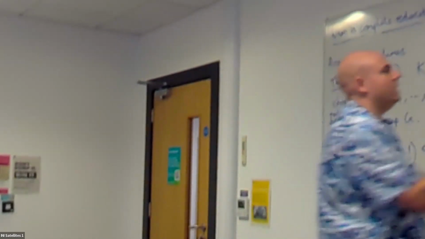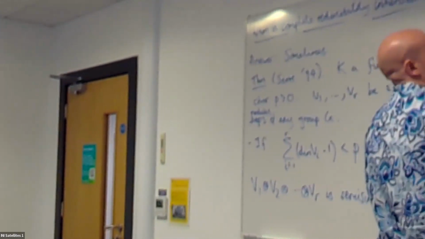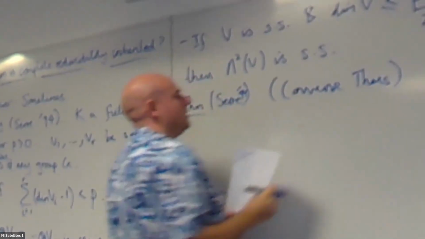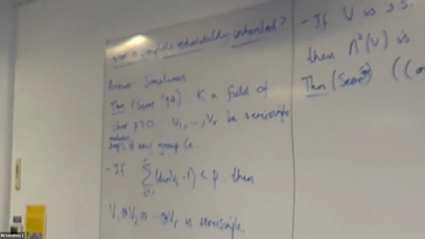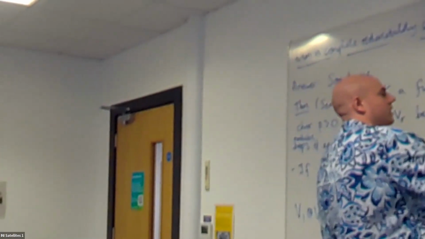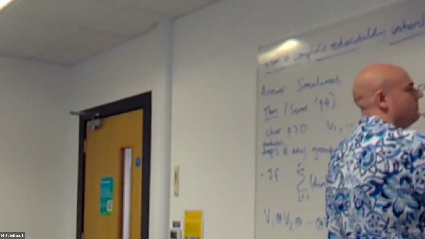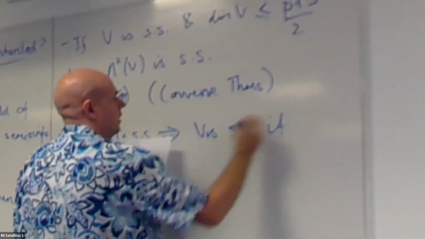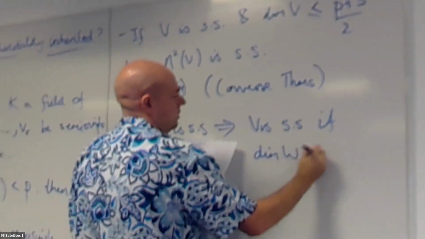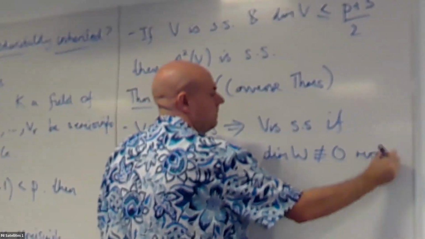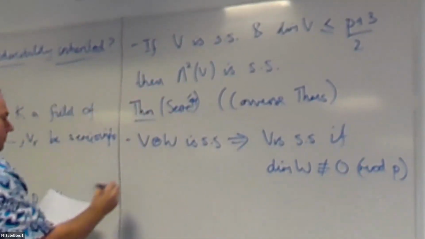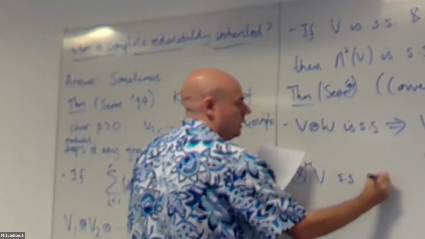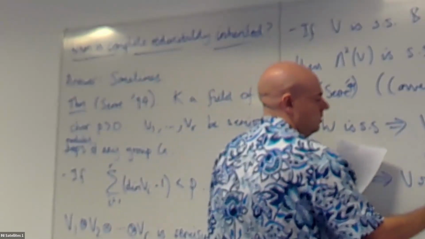And so I think the paper is called something like converse theorems, which is probably also an overused term in mathematics, as most other words now are. So we proved that if V tensor W is semi-simple, then V is semi-simple if the dimension of W is not 0 mod P. The M-th tensor power of a single module V being semi-simple actually does imply V is semi-simple.